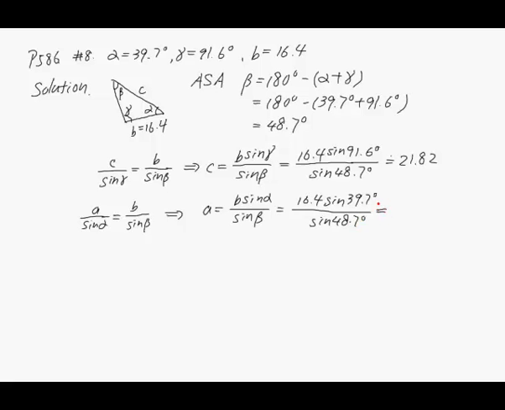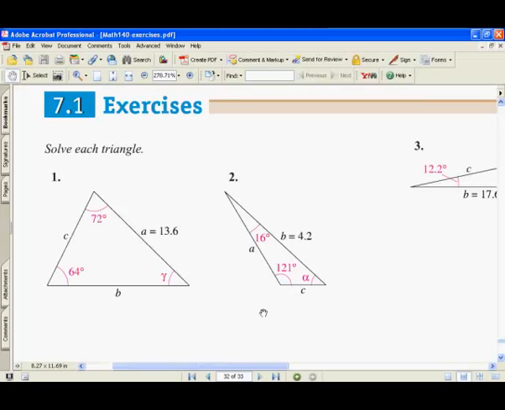And then you simplify, and this is approximately equal to 13.94. So now we solve this obtuse triangle. We find the 3 angles and also the 3 sides. Any question?